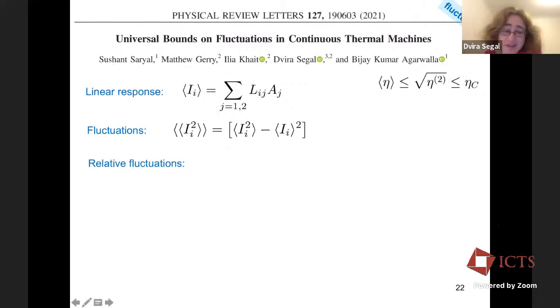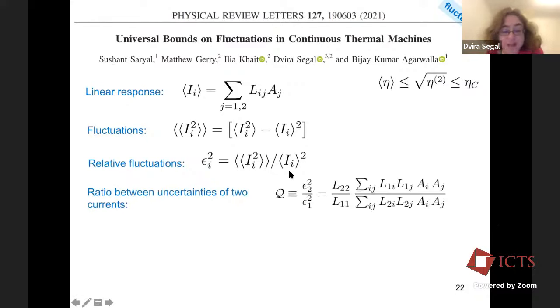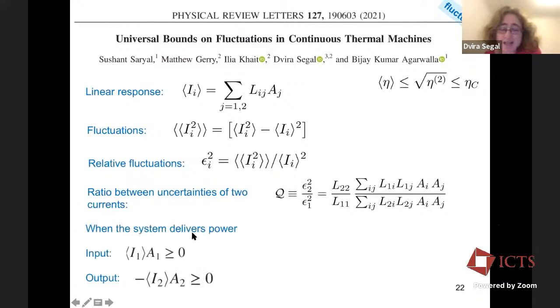And what we are going to furthermore define is relative fluctuations, taking the ratio between the variance and the averaged current squared. And with that, we introduce a furthermore combined measure, which is a ratio of relative fluctuations. And the analysis was done for this measure.